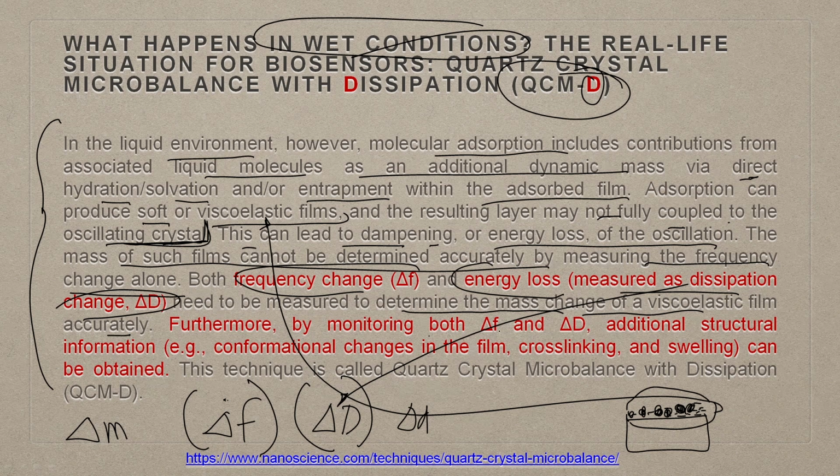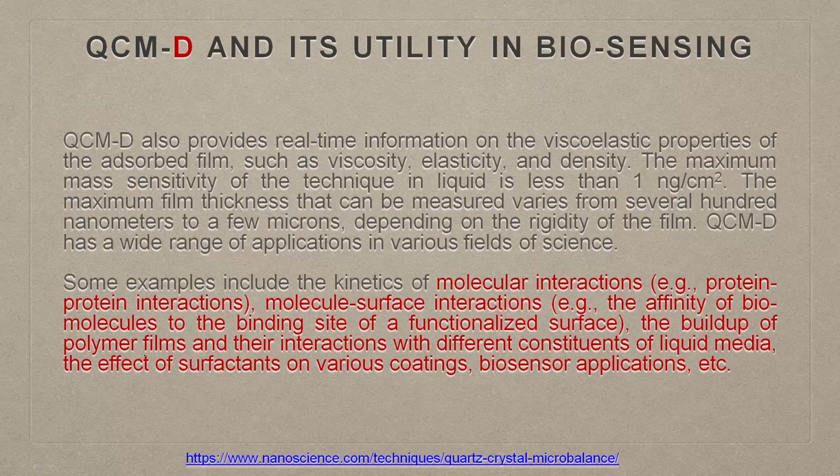Furthermore, by monitoring both delta F and delta D, additional structural information, conformational change in the film, cross-linking, swelling can be obtained, because now you are monitoring another parameter, which is the dampening parameter, and we will come to how the dampening parameter works in this situation.